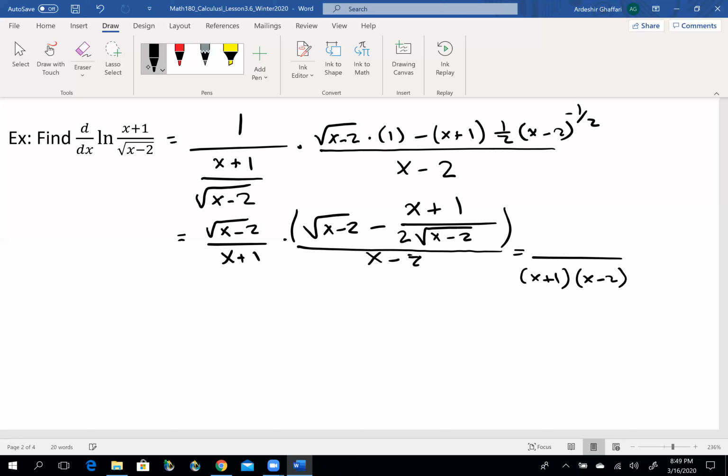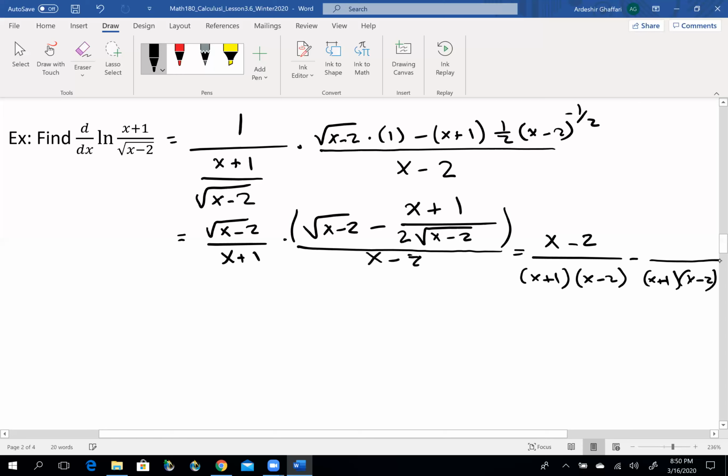So a square root of x minus 2 times a square root of x minus 2 is going to be just x minus 2, then minus, so again, x plus 1 times x minus 2. So now, if I multiply a square root of x minus 2 times x plus 1 over x minus 2, so what's remaining? Let me just do it here and then I'm going to erase it.